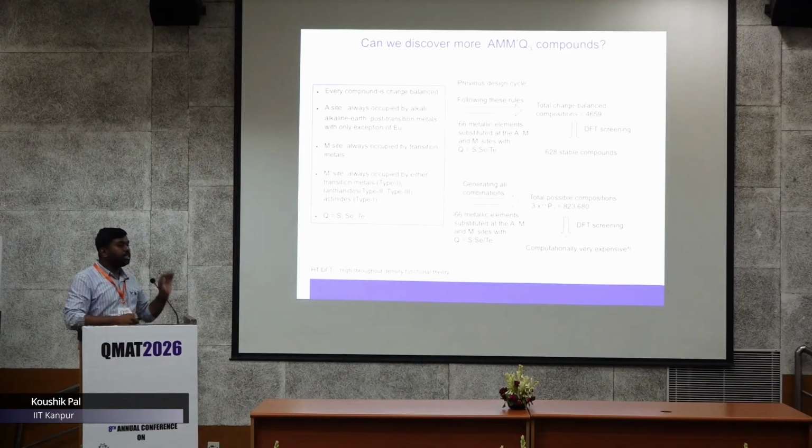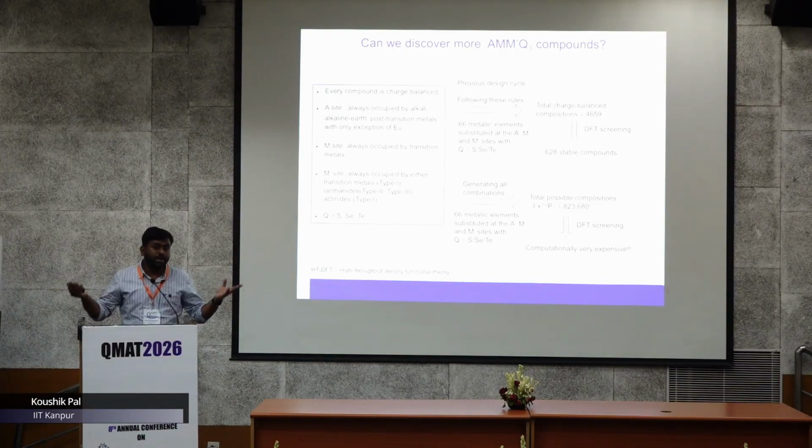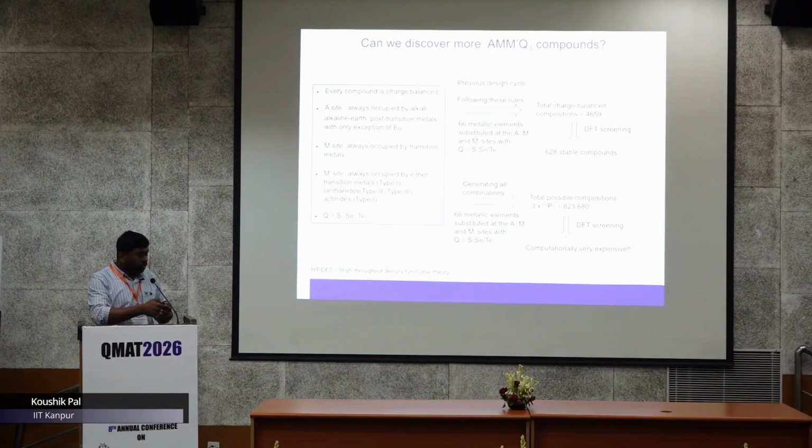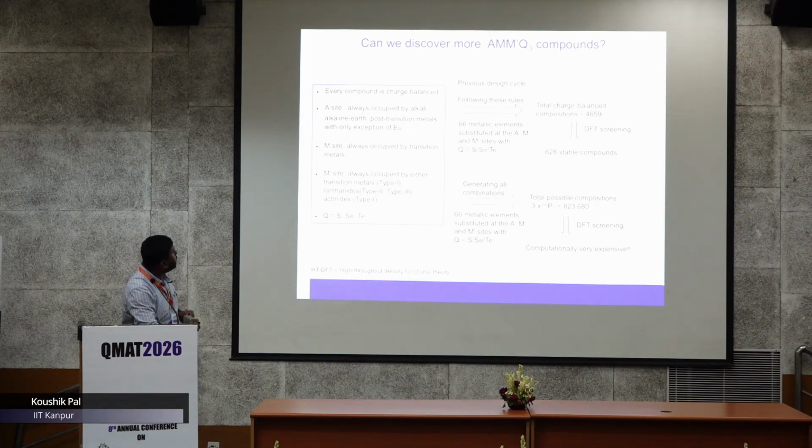After discovering these 600 compounds, we didn't stop there, because the search space is actually very huge, and we constrained ourselves to generate only 5,000 compounds. So how can we explore the other compounds that we haven't considered? If we remove the constraint and put all elements at all sites in every possible combination, the number would become about 800,000.